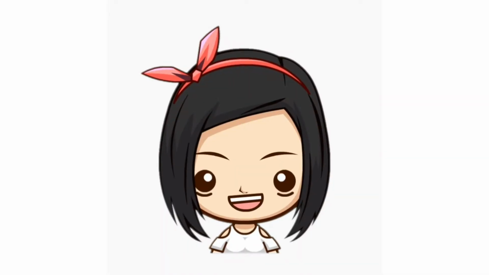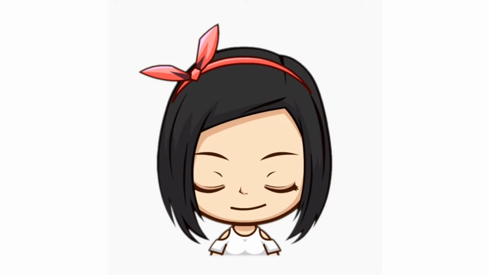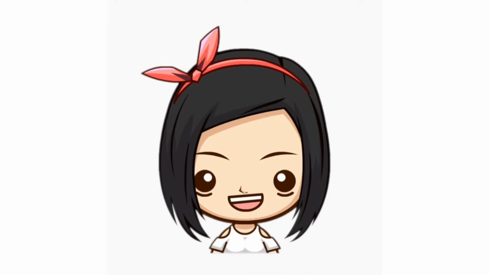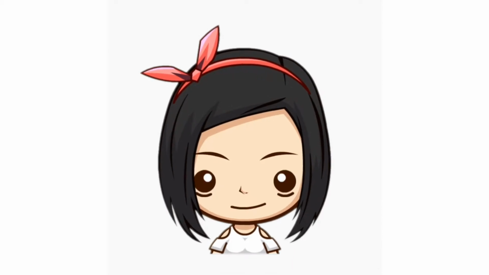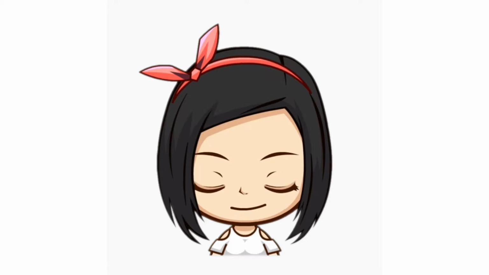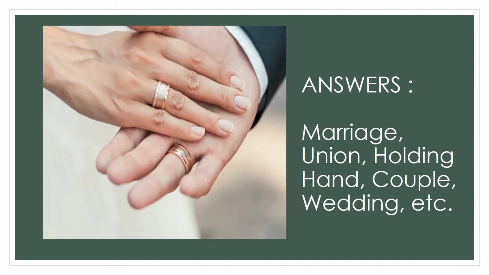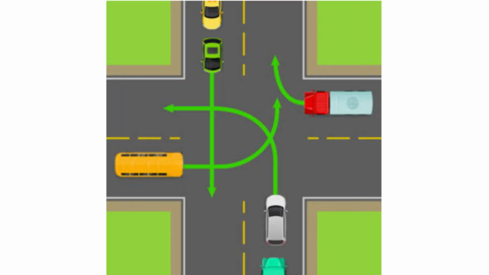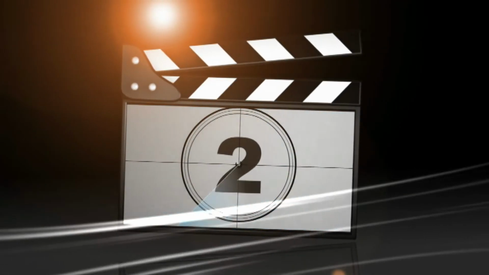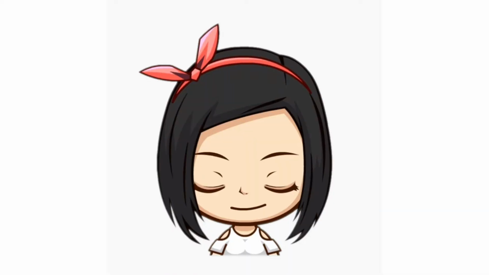Okay, time's up. How many words have you written? How many words have you written down? 5. Okay, so here are the possible answers. You can check your own paper. The next picture. Time starts now. Okay, time's up.